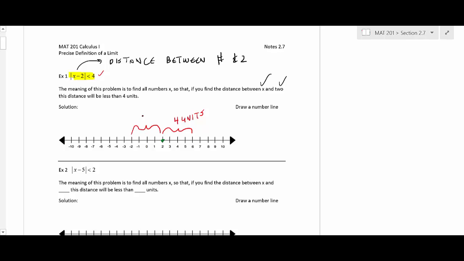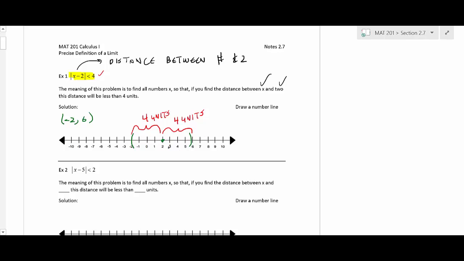So the solution would be on this interval. All the numbers that have a distance between the number and 2 of less than 4 units fall between -2 and 6 on a number line. So we would say the solution is the interval -2 to 6.